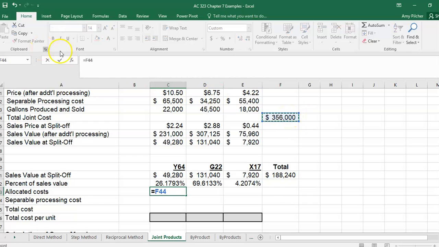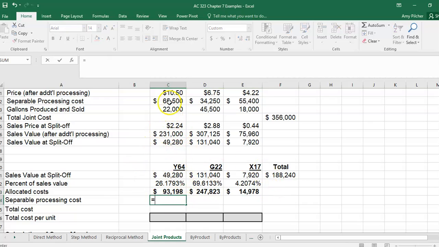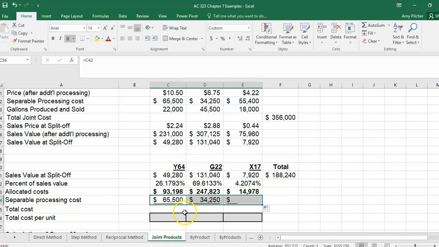Take the $356,000 times the percentage we just calculated to give us joint costs. We then add our additional processing costs to get our total cost.